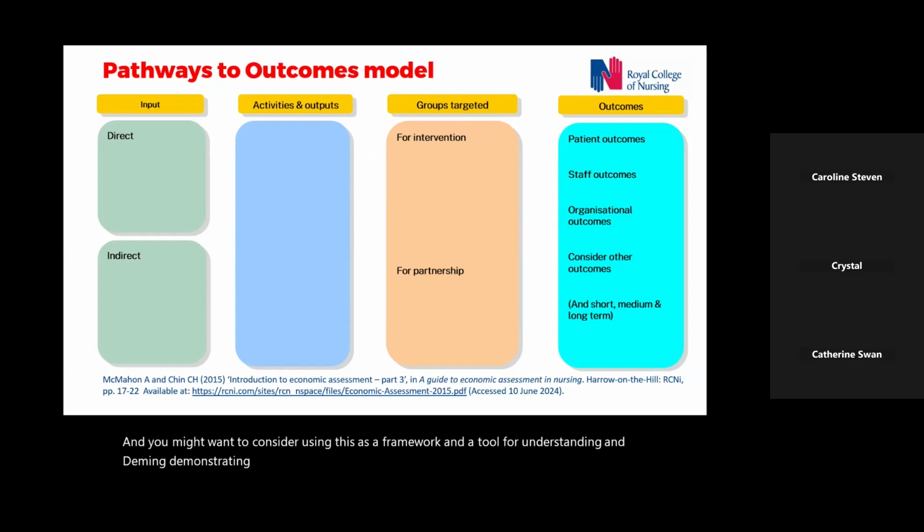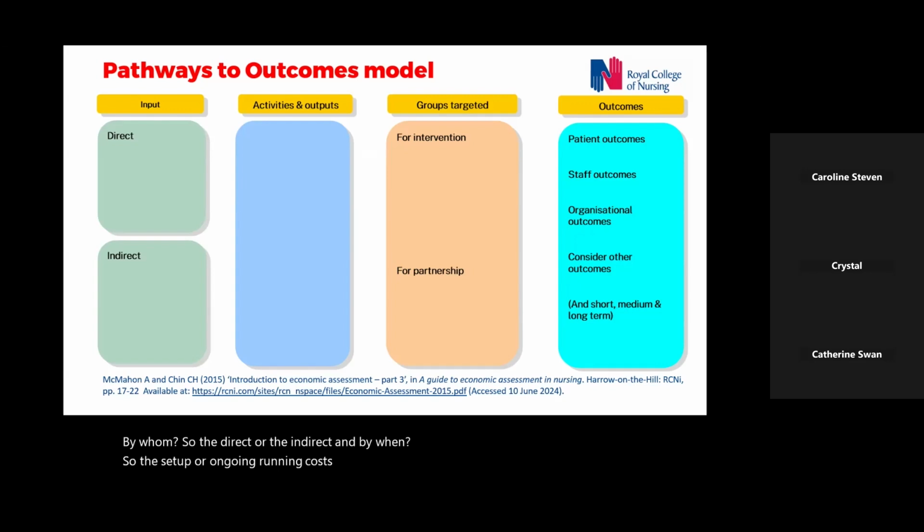The usefulness of the pathways to outcomes approach is identifying, in the first instance, what is put in. So, for example, what staff, direct funds, premises, materials, training, travel, by whom, so the direct or the indirect, and by when, so the setup or ongoing running costs.